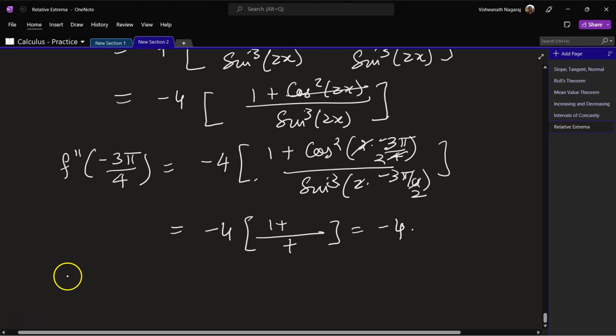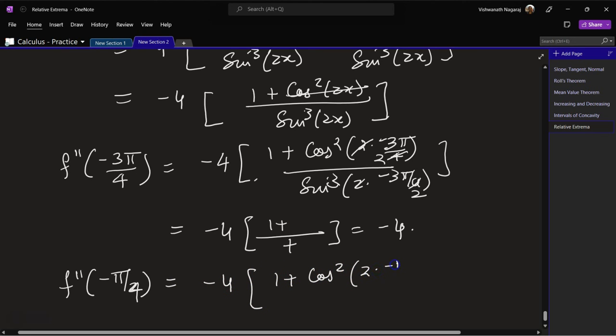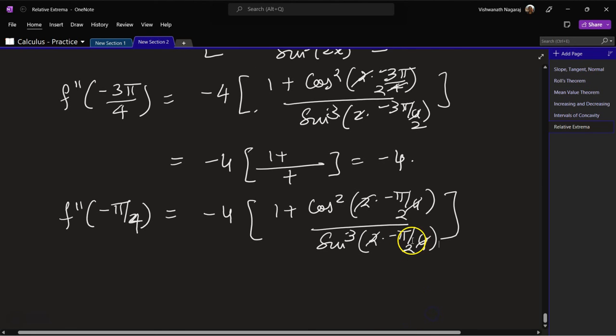Similarly, f double prime of minus pi by 4 is equal to minus 4, 1 plus cos square 2 times minus pi by 4 divided by sine cube 2 times minus pi by 4. So again 2 2's, which gives us minus 4.